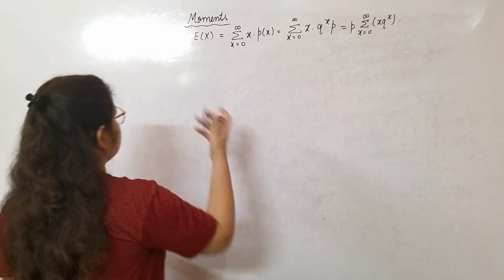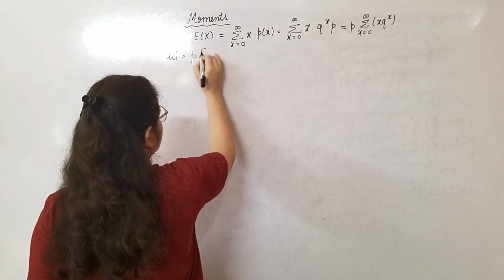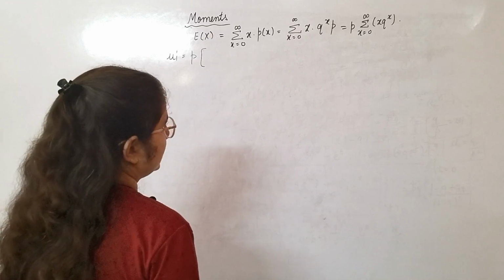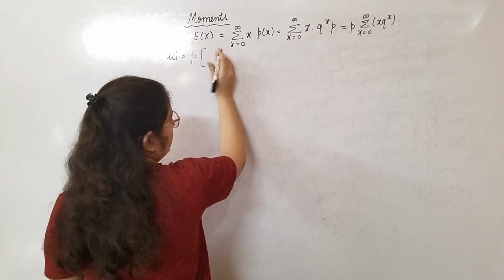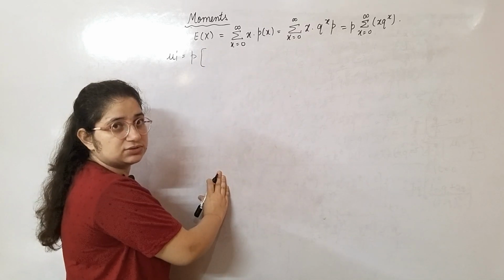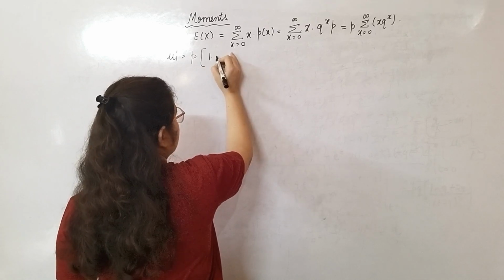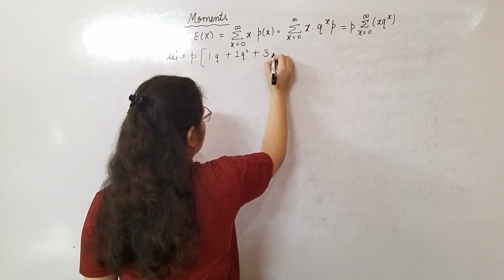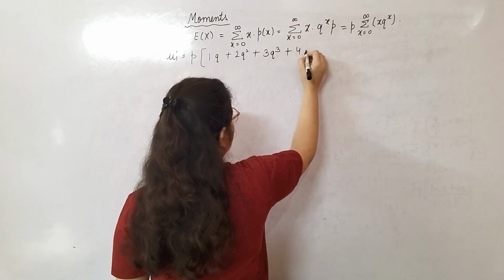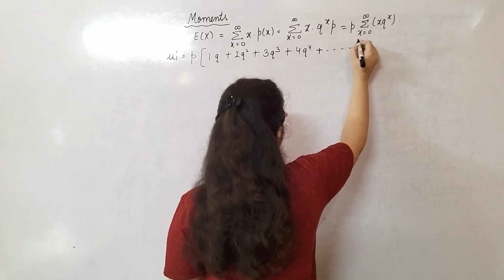When you open it, you get mu1 dash is equal to p into summation x from 0: the first term will be 0 into 1, which is 0. The second term will be 1 q plus 2 q square plus 3 q cube plus 4 q raised to the power 4 and so on.